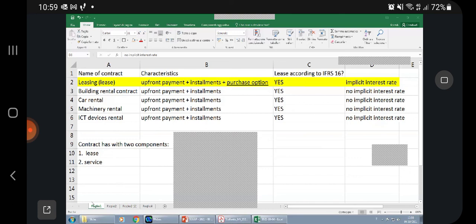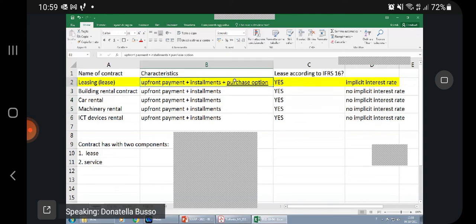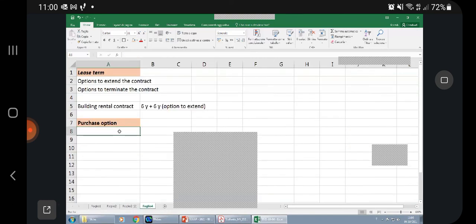And in this contract there is also the purchase option. The purchase option means that the lessee can decide at the end of the lease to pay an amount and to become in this way the owner of the asset. Okay? It is not mandatory. It's up to the lessee.